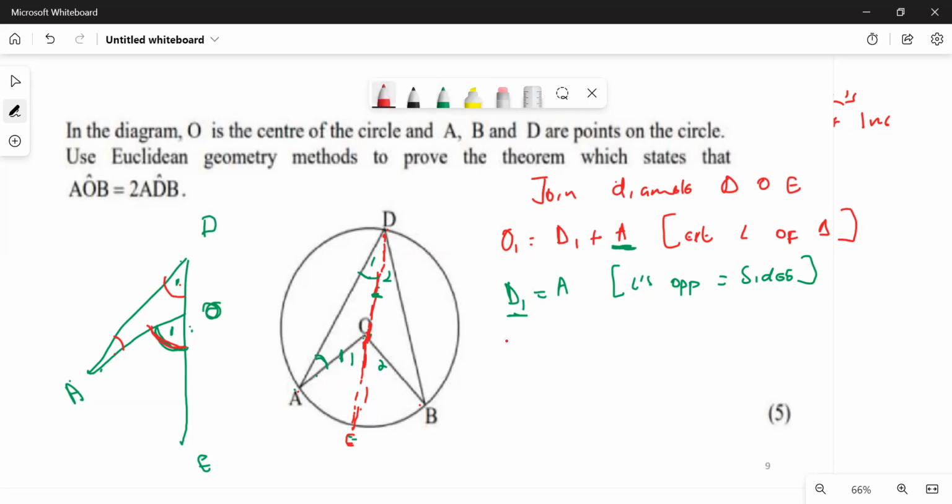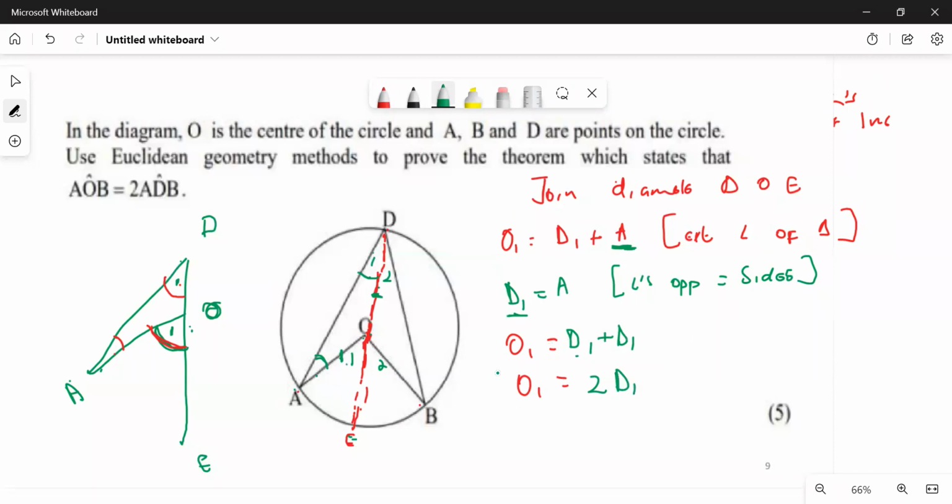So in other words, I can say to them, okay, but now O1 is going to be equal to D1 plus D1. D1 and D1 are like terms. You can say O1 is going to be equal to 2 times D1. So O1 is going to be twice D1.